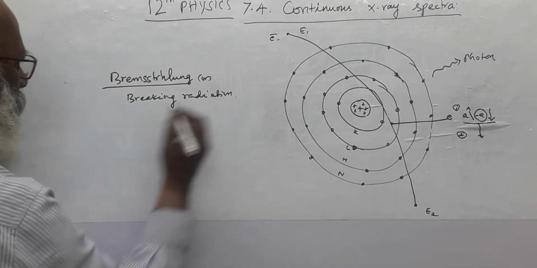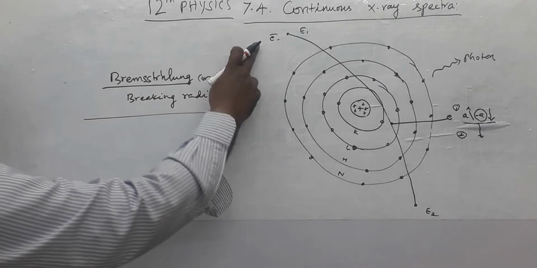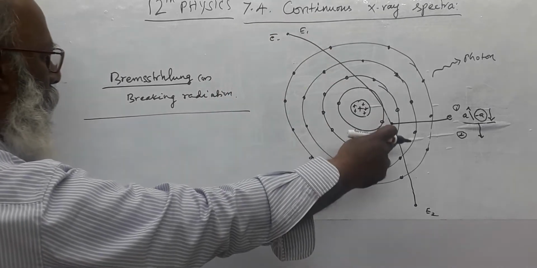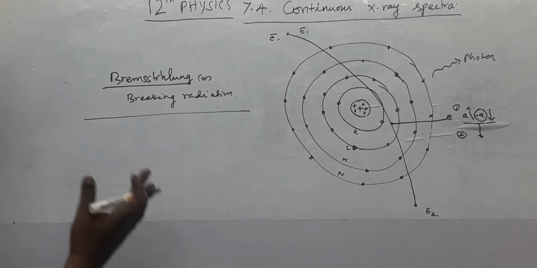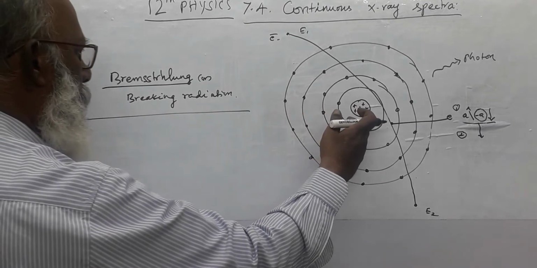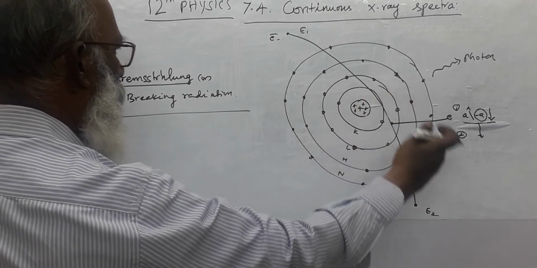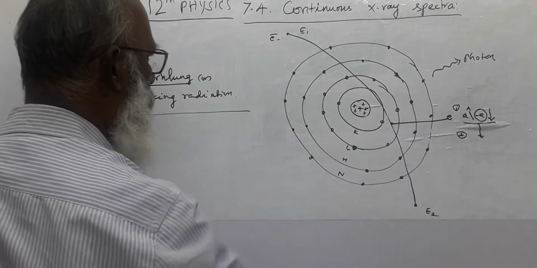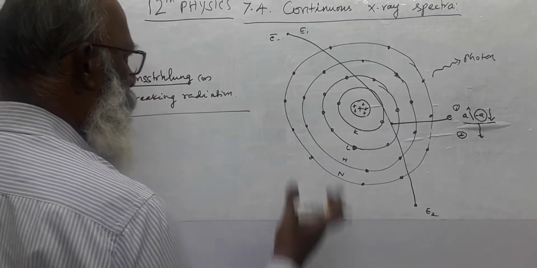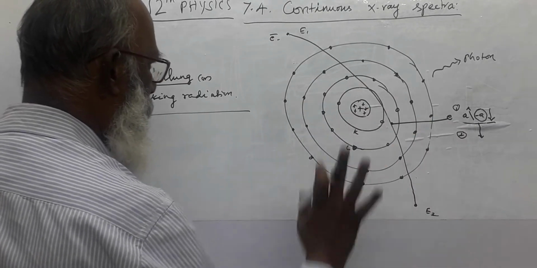So the main concept is that whenever a fast moving electron enters the target atom, it moves towards the nucleus, and there is an interaction between the nucleus and the electron. The acceleration of the electron may increase or decrease, even into the negative, and because of that the path of the electron may be deviated.